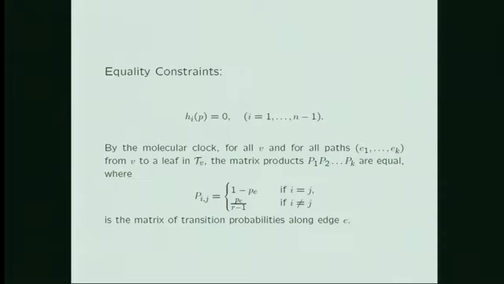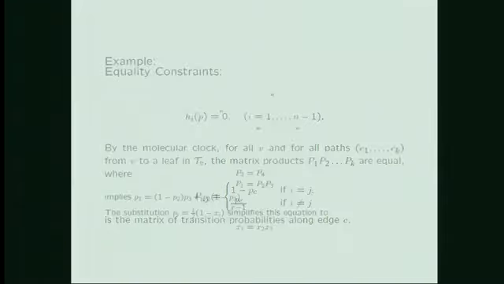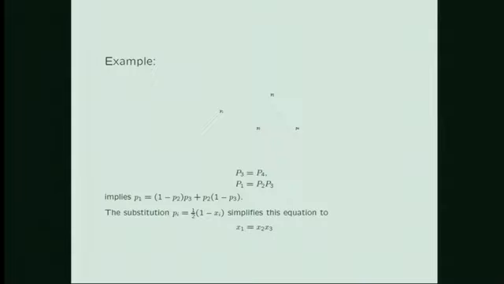And then we've got equality constraints, which arise from the molecular clock. So here we know that if I have, for example, this tree, and I move down from the ancestor via this edge 2 and then down edge 3, then if I multiply the matrix of transition probabilities P2 with P3, then that must be equal to P1.